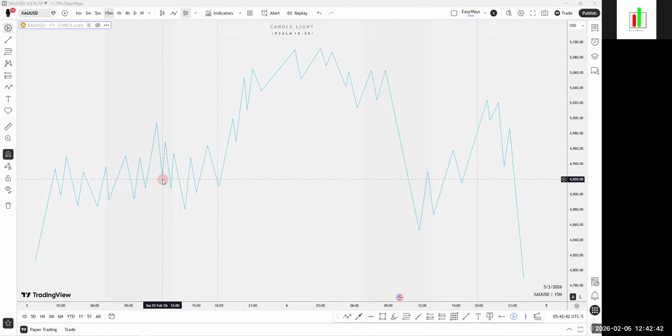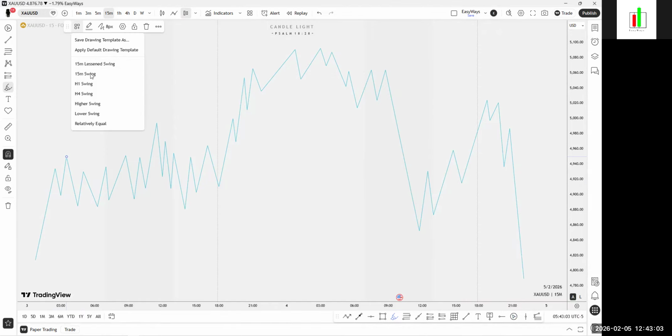So we have our bars hidden, right? This is pure structure as is given to us by the market. Now we just need that pattern. We know that this is a swing high. Why is it a swing high? Because it's a short-term high with lower highs on either side of it.